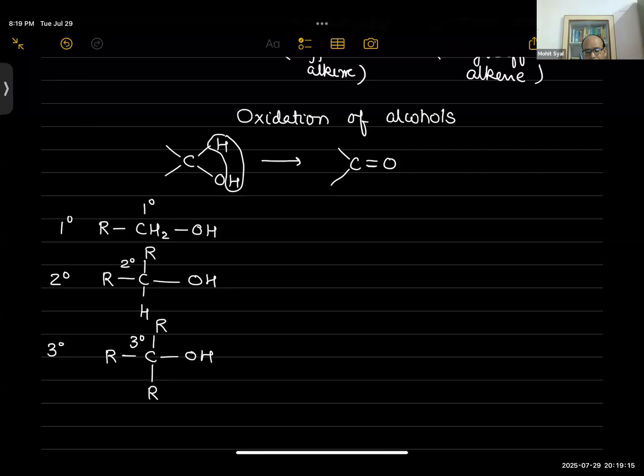Primary, secondary, tertiary. What will be the product for oxidation? That depends upon the type of alcohol which you have taken. Is it clear or not?